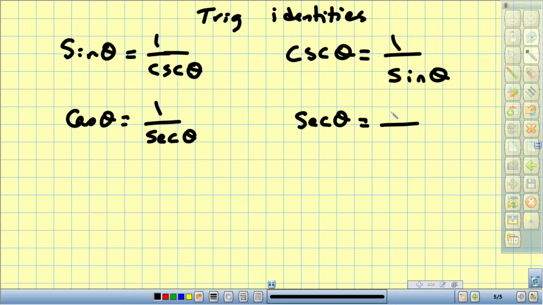1 over. No, yes, I got that one, but now I'm talking about secant is 1 over what? Secant is 1 over what? It's here, just look.